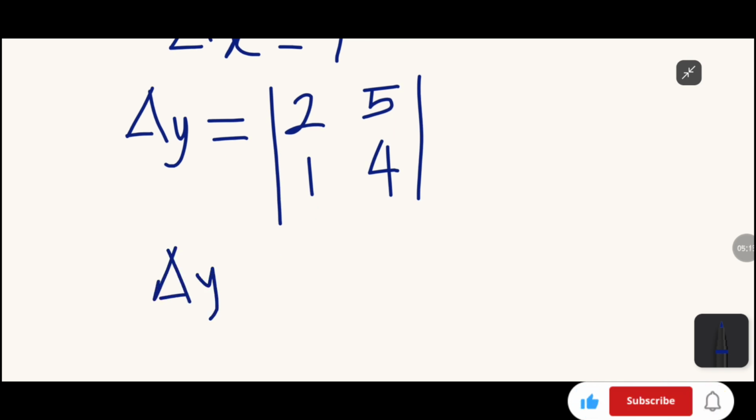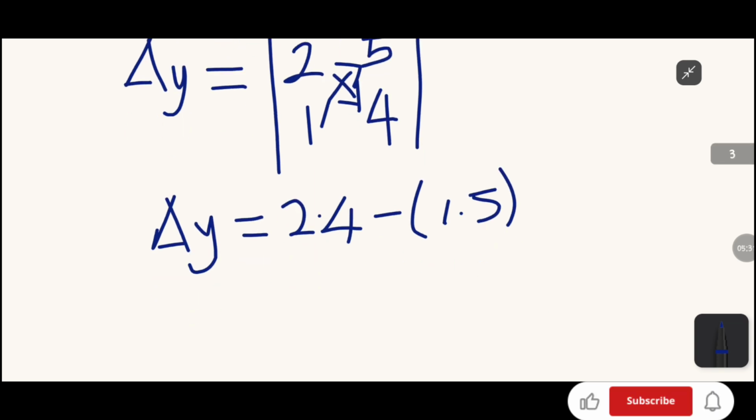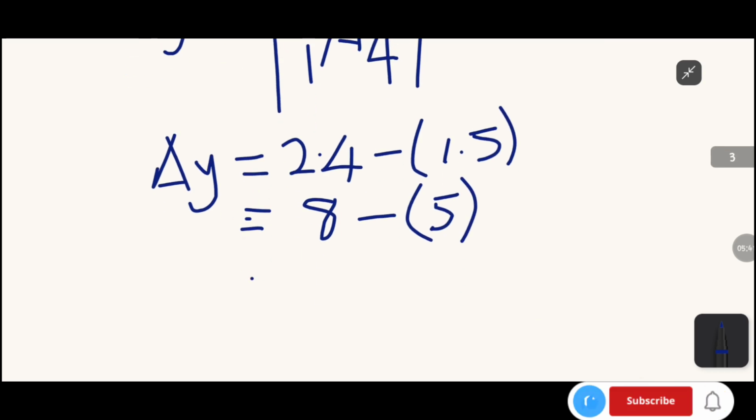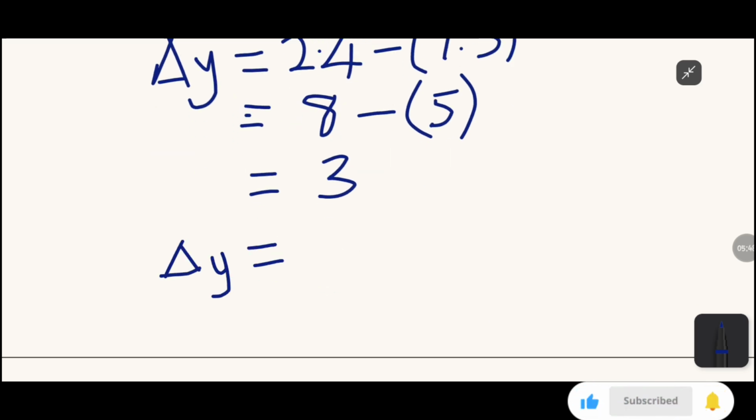Now we multiply 2 and 4 to find the determinant: 2 times 4 minus 5 times 1. So 2 times 4 is 8, minus 1 times 5 is 5. So 8 minus 5 is 3. So our delta y is 3.